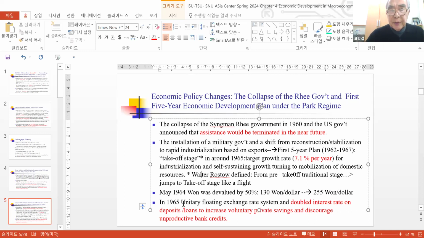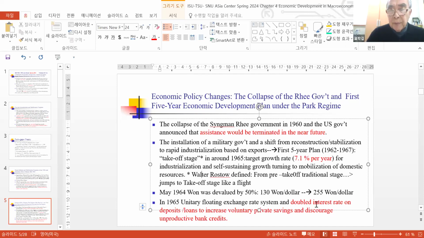But after 1965, floating exchange rate means it could become 135 the next day, 131 another day, depending on foreign dollar supply and demand conditions. So the floating exchange rate makes the market more rational, depending on demand and supply of foreign currency.